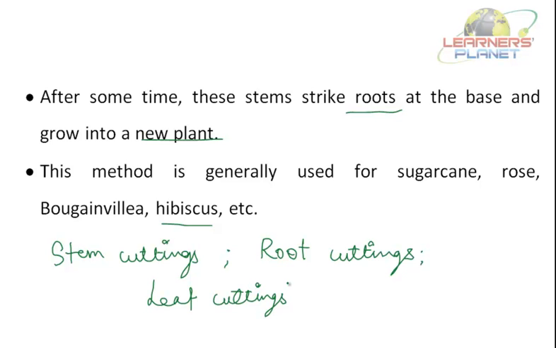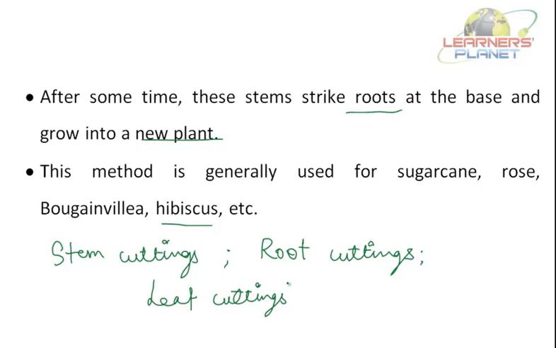They propagate through leaf cutting, and there are other plants which can be propagated through entire leaf or by planting leaf sections. So in this way, stem cuttings, root cuttings and leaf cuttings are very much in use, very much in demand. These are some artificial methods of vegetative reproduction.